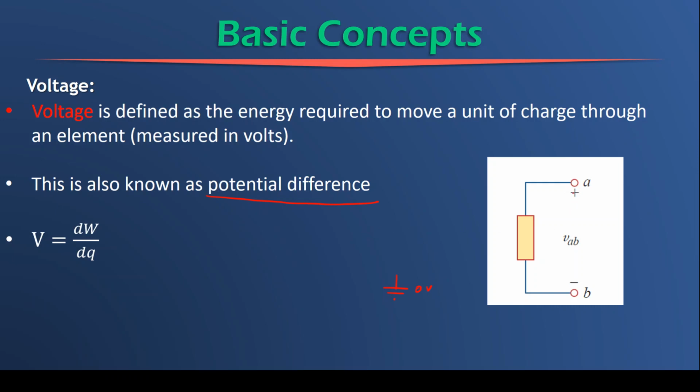So the voltage VAB is the potential difference from point A to point B, whereas the voltage VA is the voltage at this point with respect to a ground point, which in this case we could also call VB. So in this case we could say VA is equal to VAB. So the potential difference and the definition of the voltage is exactly the same.